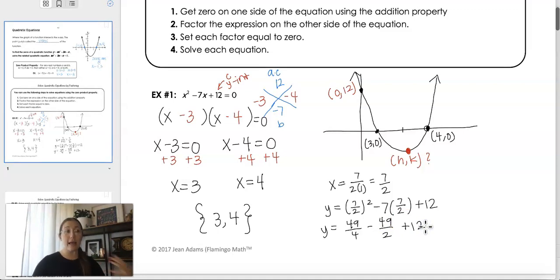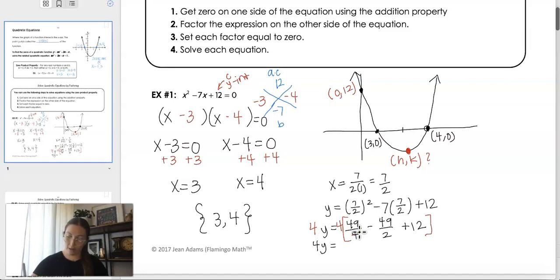Okay, since you guys hate fractions so much, clear the fraction. What it means to clear the fraction is to multiply by your least common denominator between 4 and 2, so that would be 4. So make sure you multiply both sides by 4. Doing this is going to eliminate all the fractions. So now we're going to have a 4y equals, these 4's will cancel each other out, so that's gone.